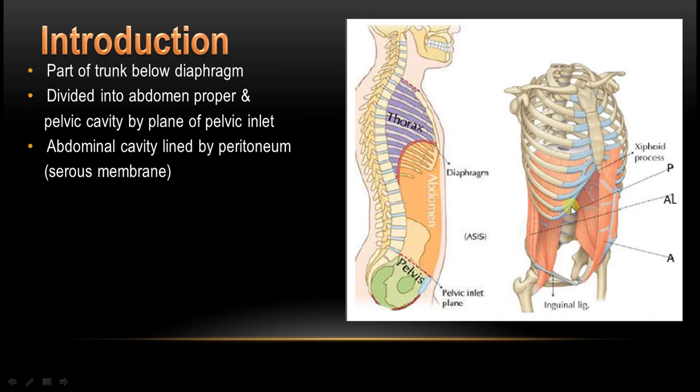And this peritoneal cavity mainly consists of your gastrointestinal tract, your GI tract, and the organs associated with it, mainly your liver and pancreas and spleen. Embryologically they are derived from a common source.